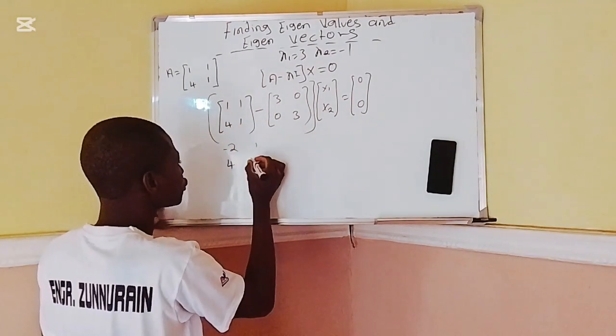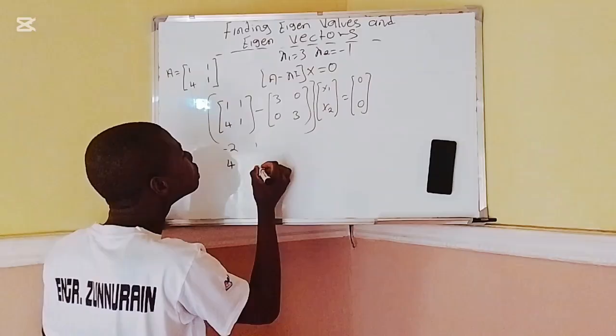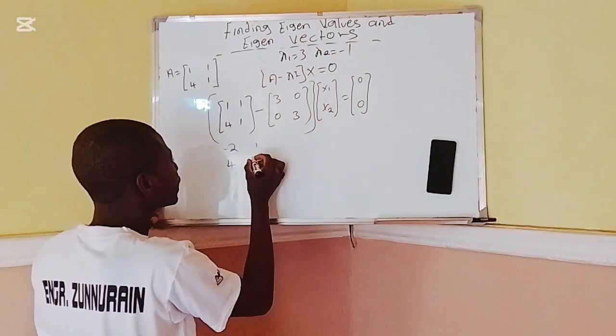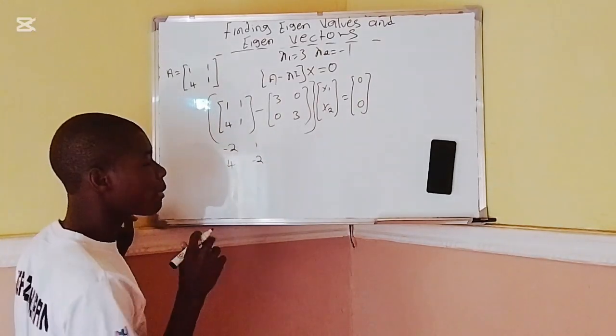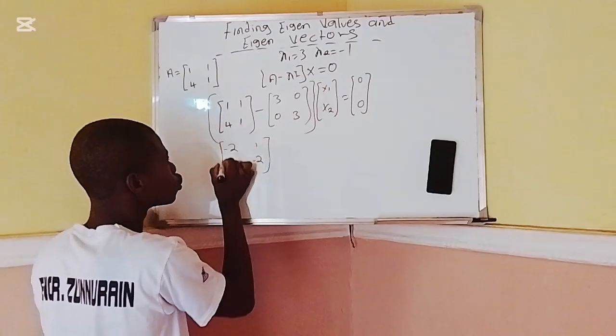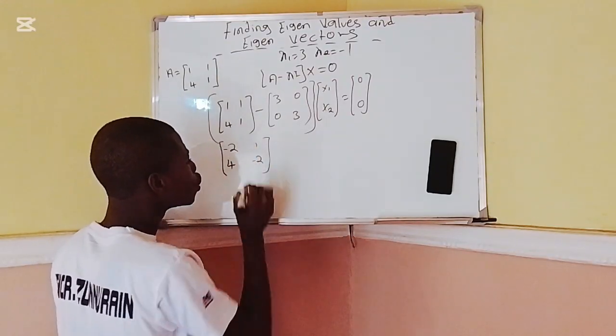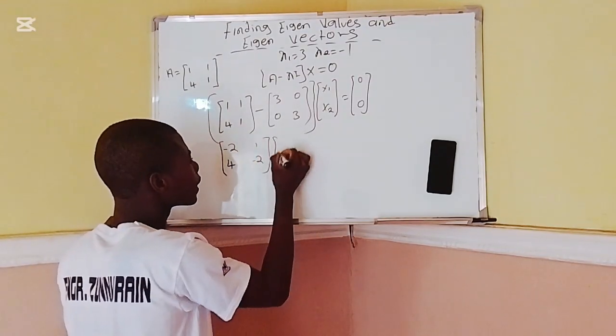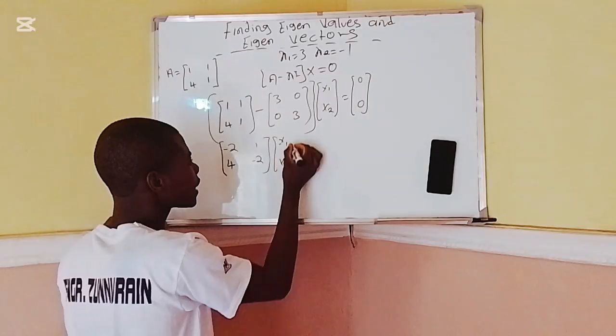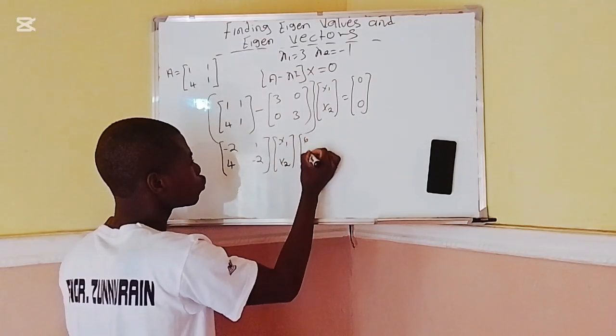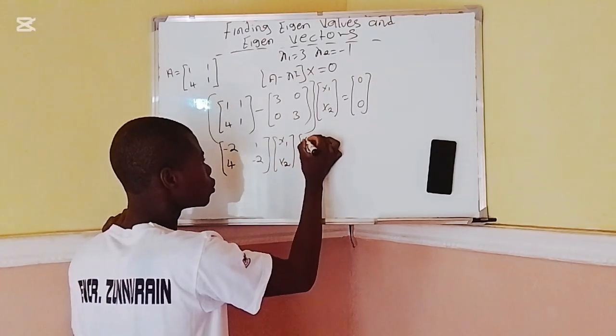And 1 minus 3, I will get negative 2. So I have x1 and x2, and then 0 and 0.